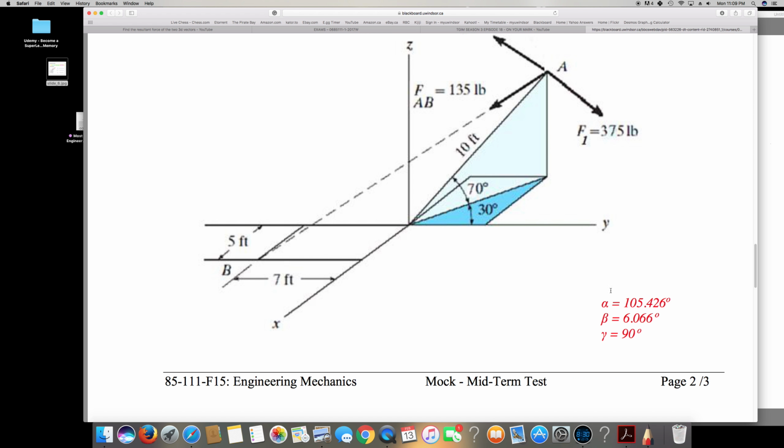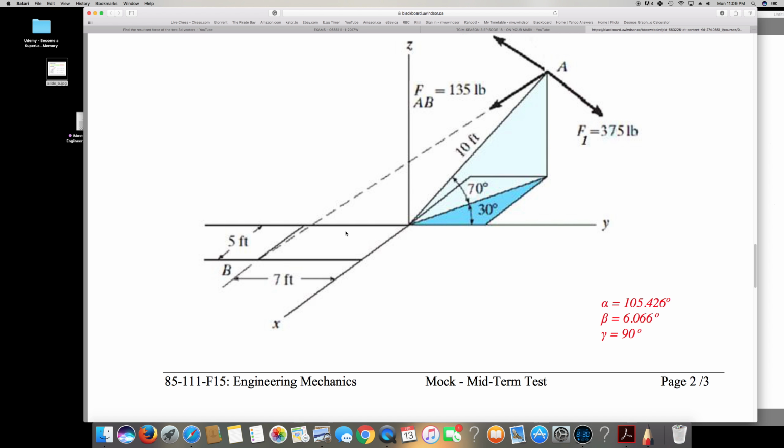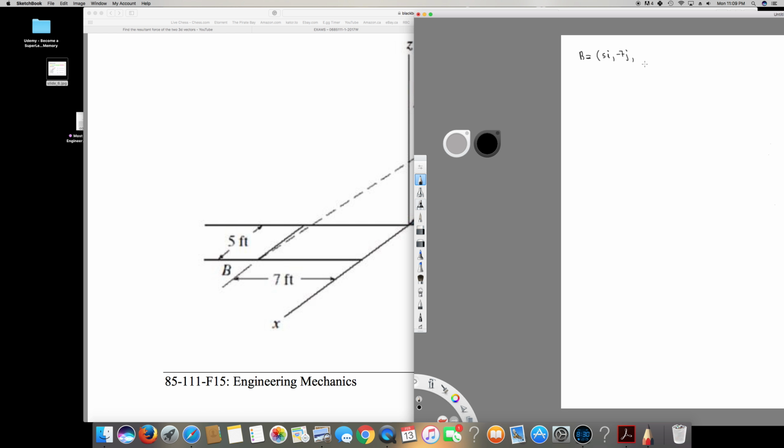Whenever you see a number opposite to the labeled side, it's negative. So here it's -7j, and there's no height, therefore it's 0k. So I have found B.